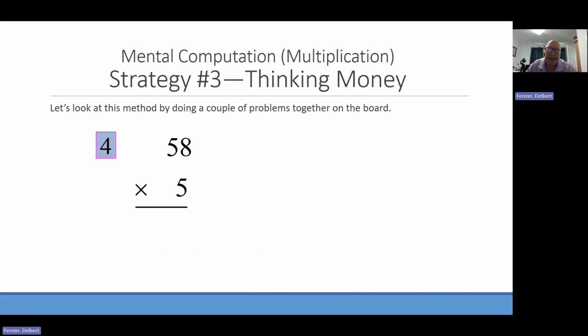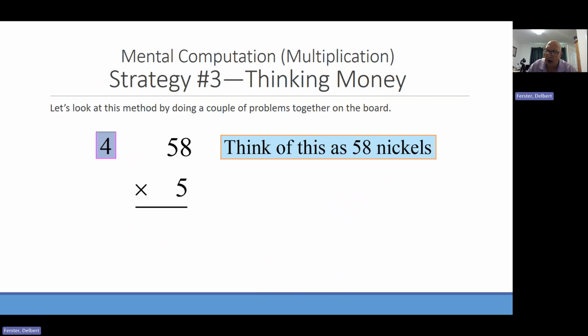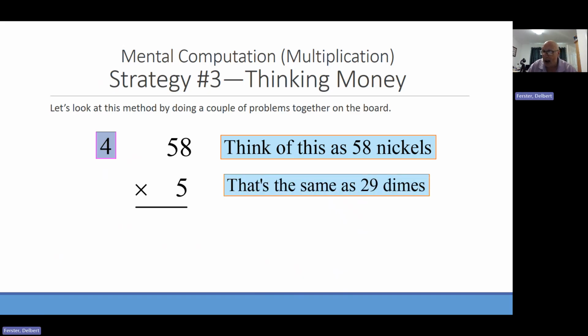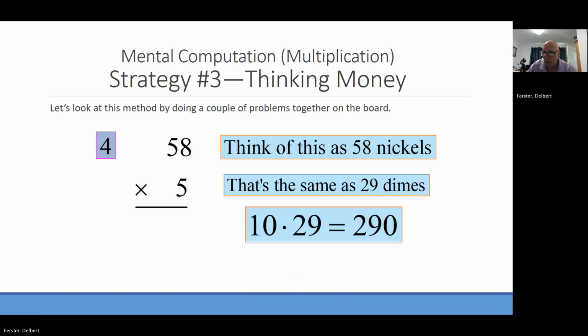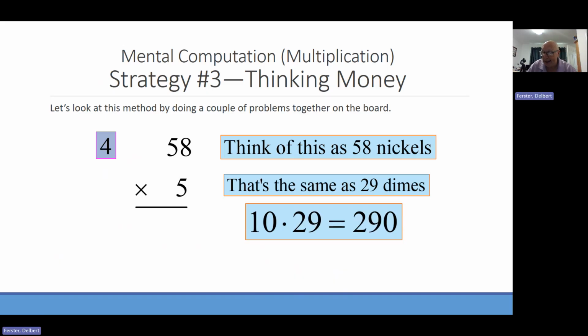All right, I see your author's point here. Sadly, I'm not so sure it's going to have a big effect for a lot of your kids. So think of this as 58 nickels. Now, frankly, I'm not sure that helps a lot of people. But what your author says is, all right, well, 58 nickels could be thought of as 29 dimes, where each dime is 10. So that's 29 times 10.